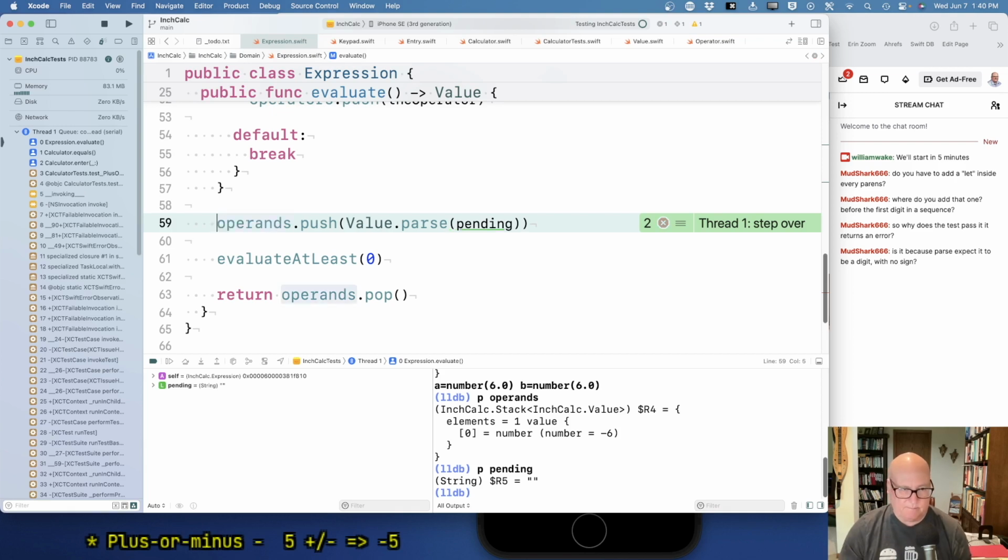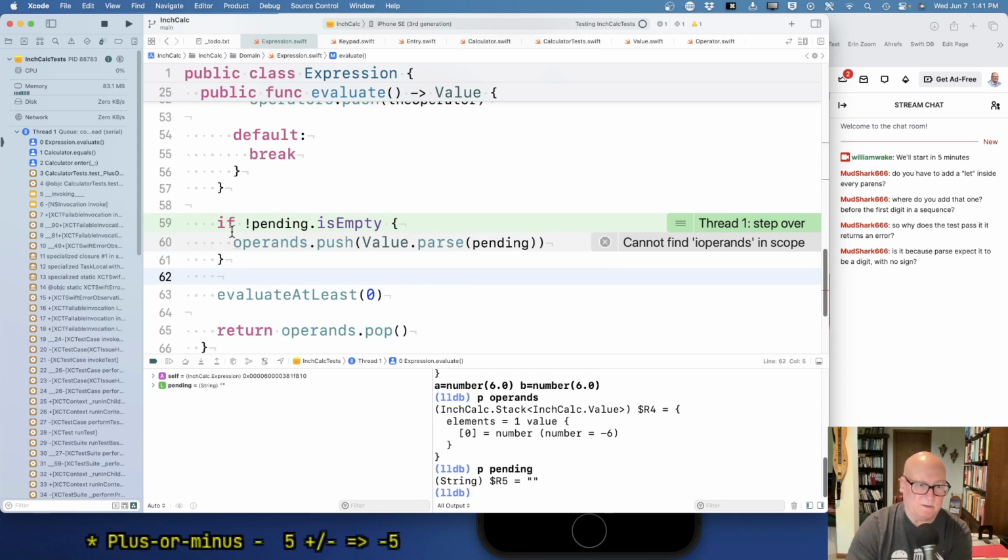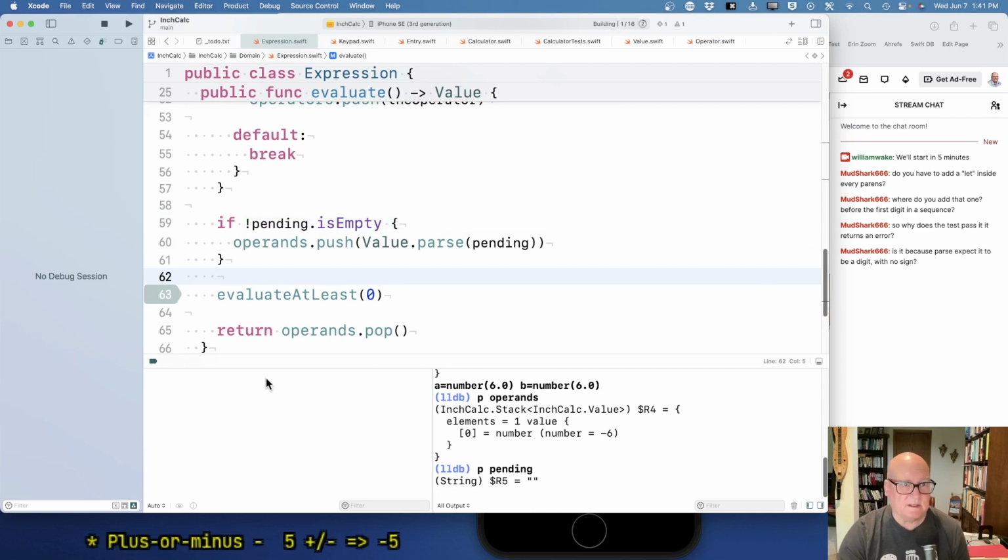But let's see, if pending is not empty, then we want to push. If it is empty, it means it was already pushed and we don't need to do anything. One way or the other, there should be a value when you get here. So I believe this will fix that.